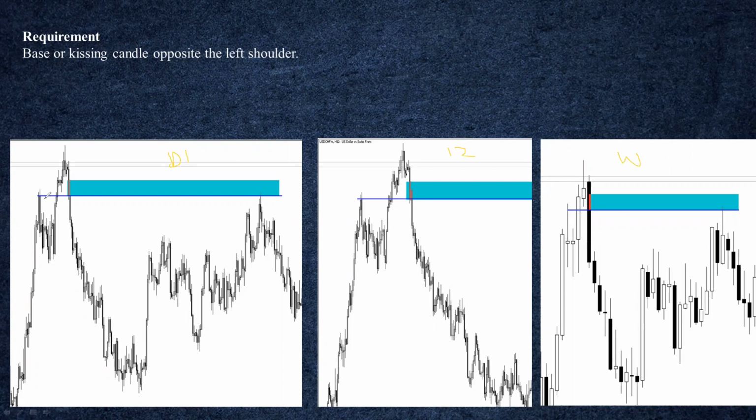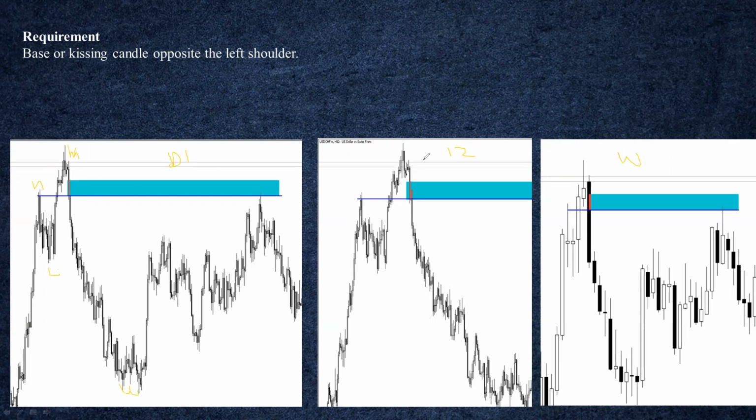Now on the daily chart, we have a high, a low, a higher high, and then a lower low, and price is coming back. So here, after marking this level, opposite the Quasimodo level, we have a kissing candle. You have this wick here and that wick here. So it gave us the kissing candle.